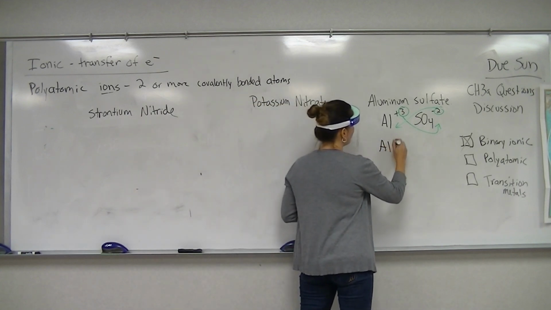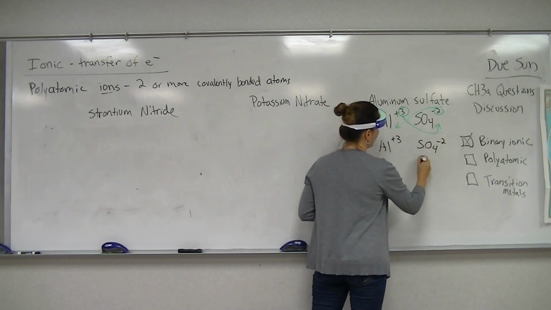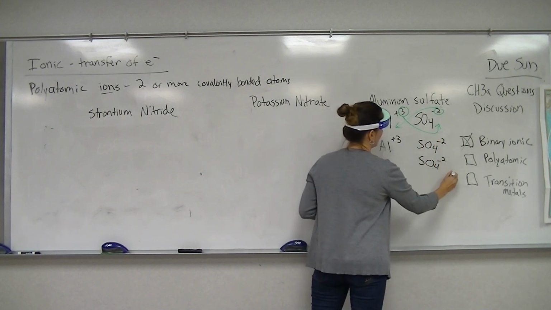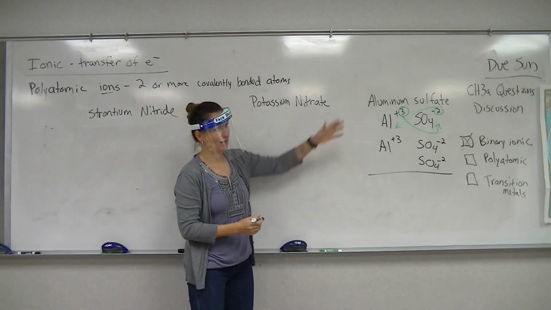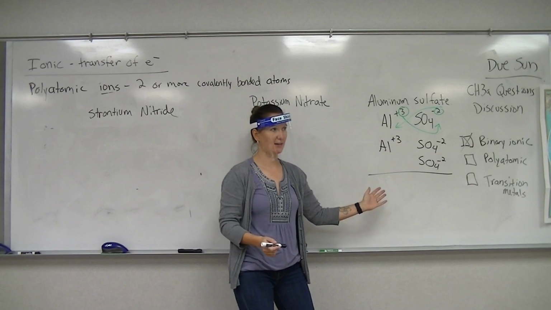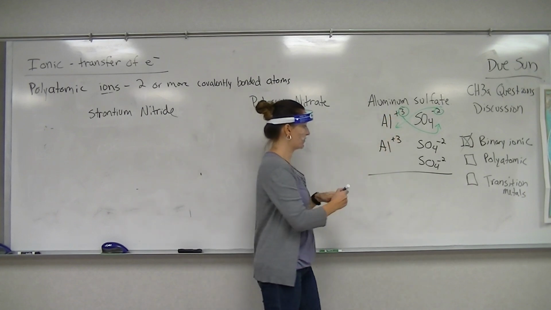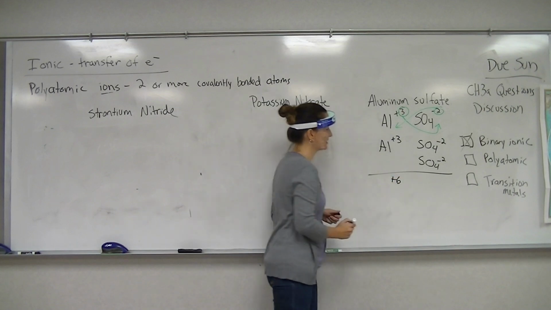The other way that we did it was to balance out the charges by adding ions to both sides. You would have to go back and forth until you got the same charge on both sides. What I mean by that is a plus 3 and a plus 3 on the cation side give me a plus 6.